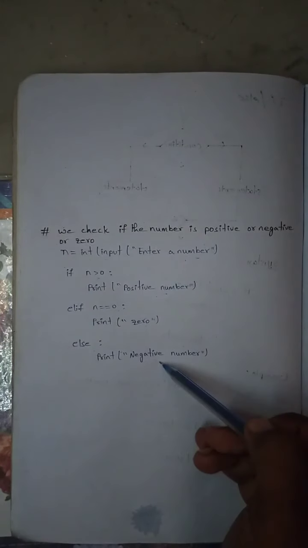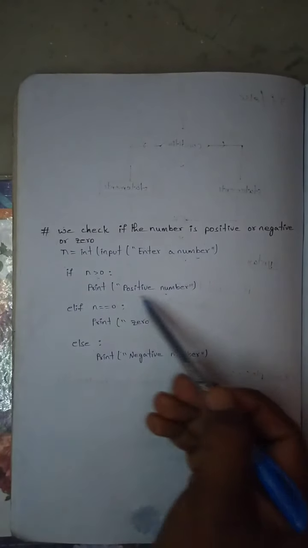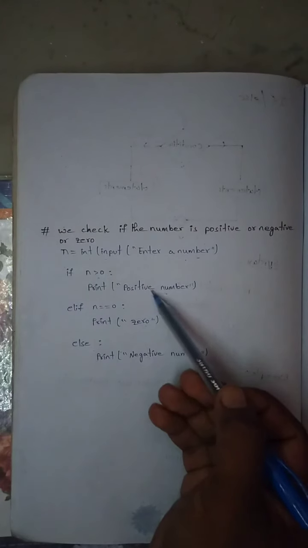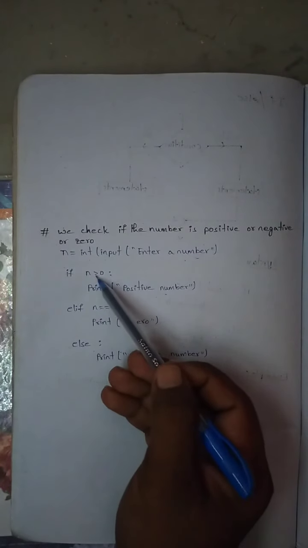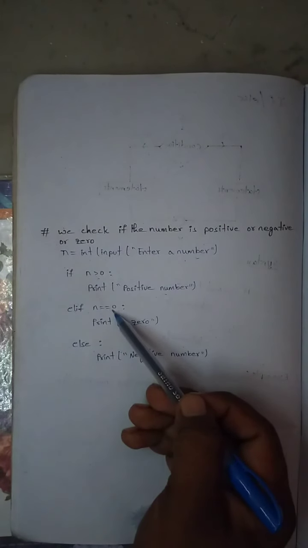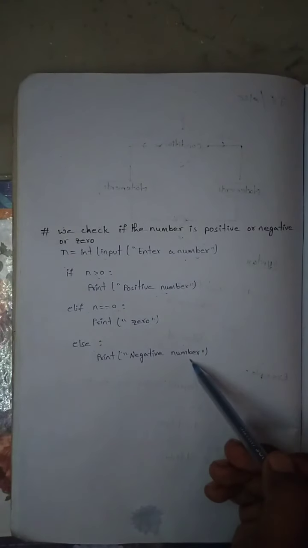Else print negative number. Here, if n is greater than 0, then print the positive number. If n greater than 0, a positive number is printed. Otherwise, if n is less than 0, then the cursor comes to elif, checks n equal to 0, but n is less than 0, so the else block is executed: negative number.